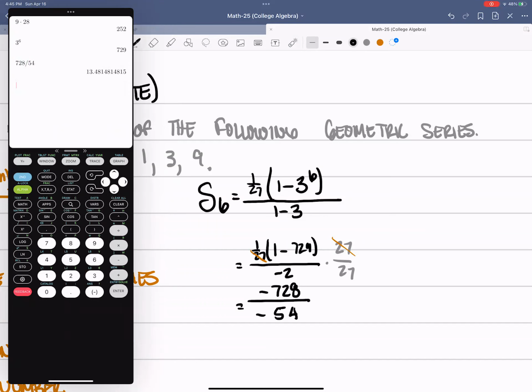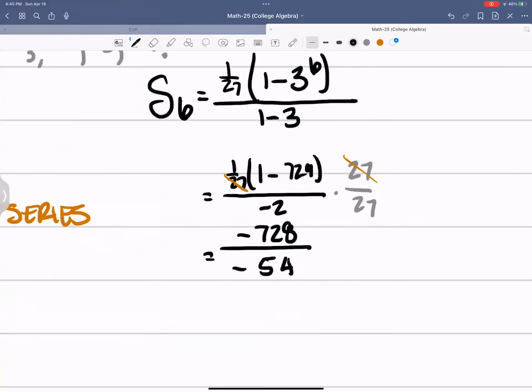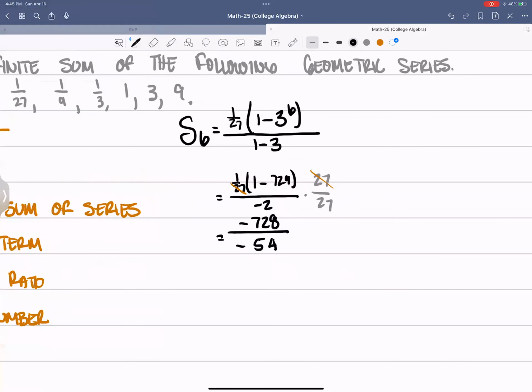We have a bit of an ugly problem here. Let's simplify this. I thought they would divide out nicely, but they don't. Negative divides out with negative, giving us a positive. Both top and bottom are divisible by 9?